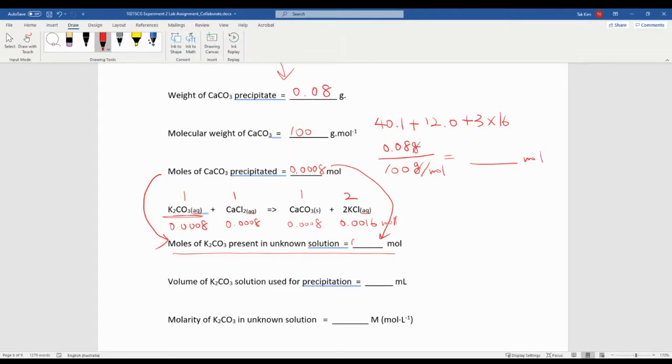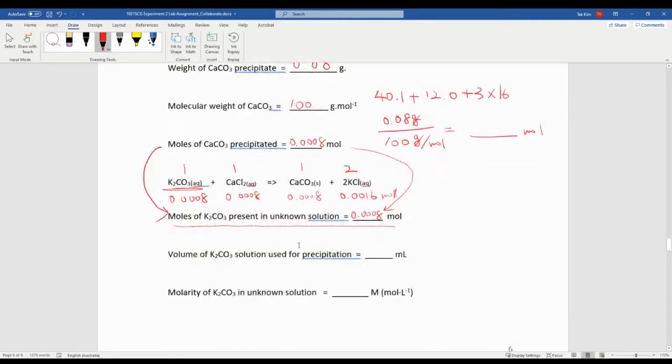So the answer over here should be 0.0008. I'm not sure whether it's clear or not, right? So it should be the same. From here, you don't really have to do any more calculation on the number of moles.